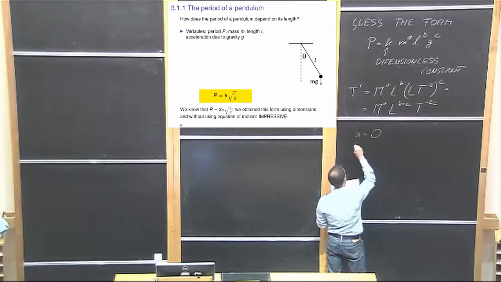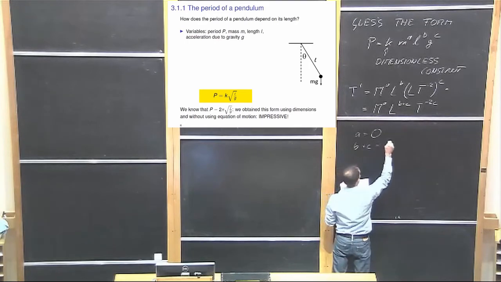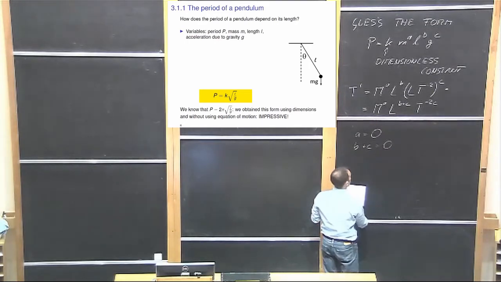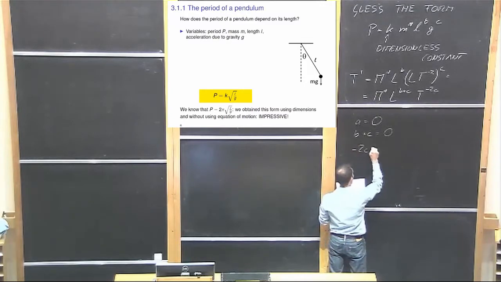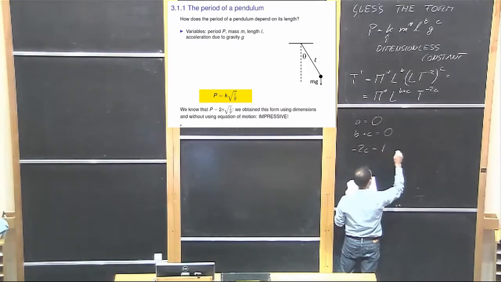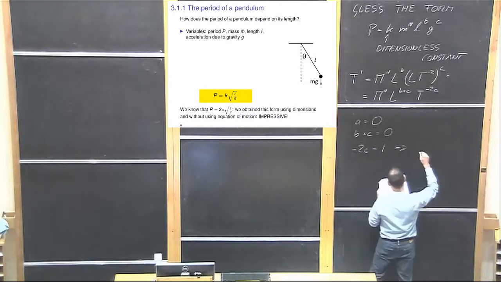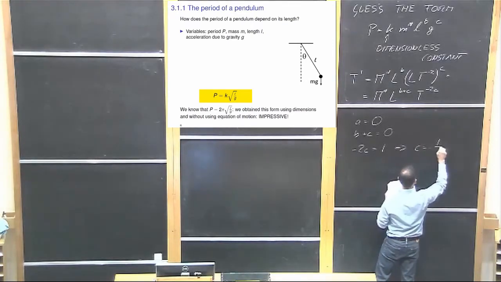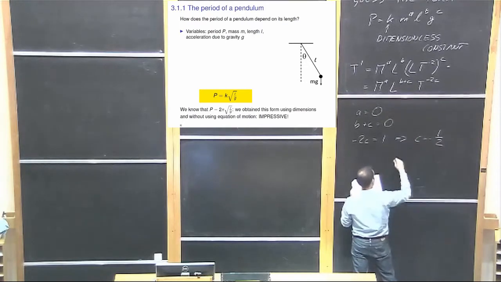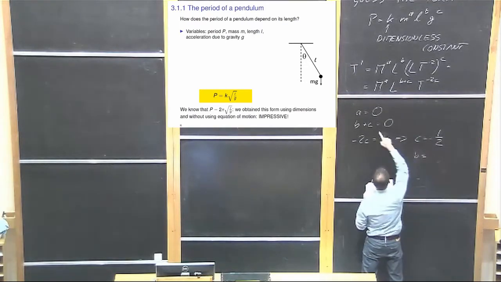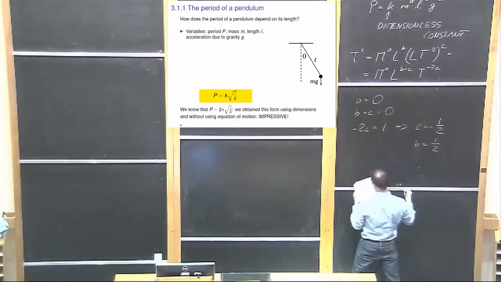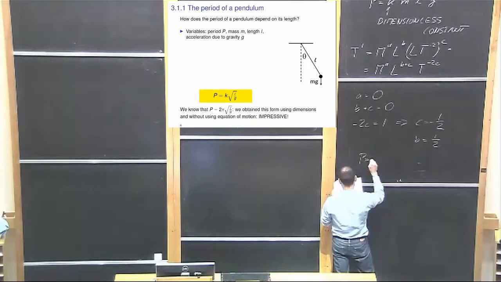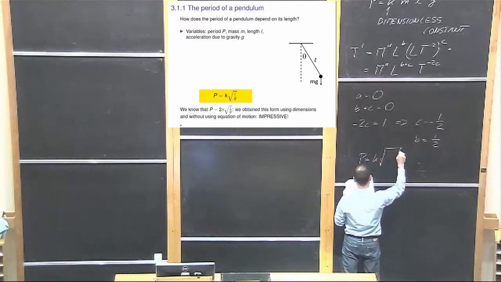Same with length. B plus C has to be 0. And in the last one, minus C equals 1. From that, we can easily write C equals minus 1/2. And from that follows B equals 1/2. And this gives us P equals K square root of L over g.